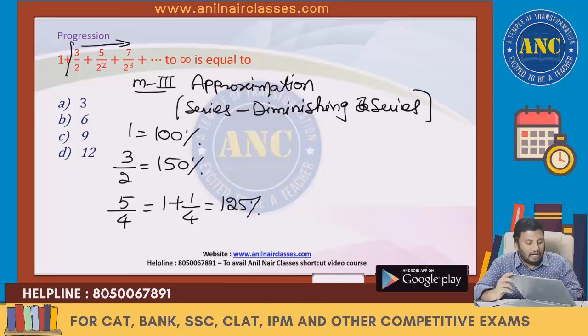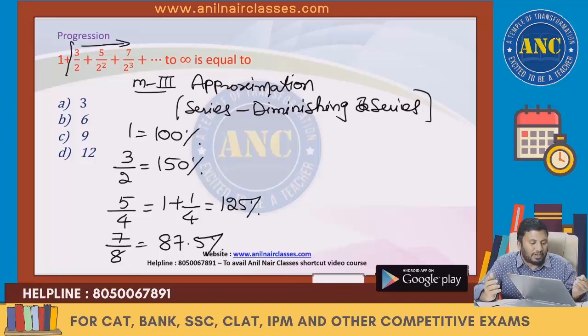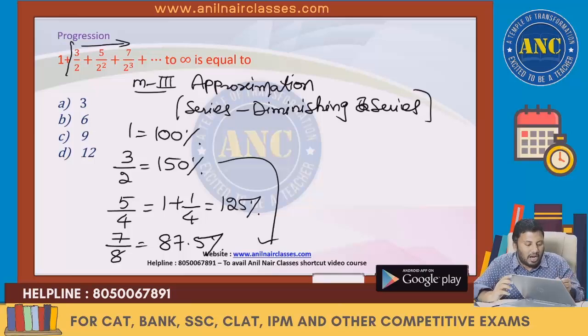Next one, 7/8, which is nothing but 87.5 percent. The value is decreasing from 3/2 onwards. 100 plus 150 plus 125 is 375.